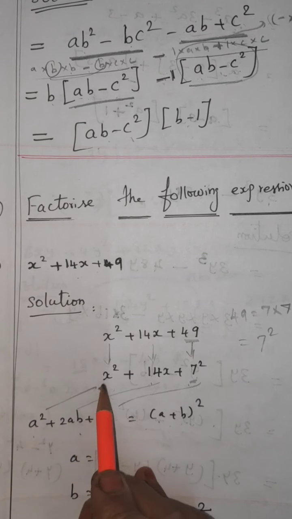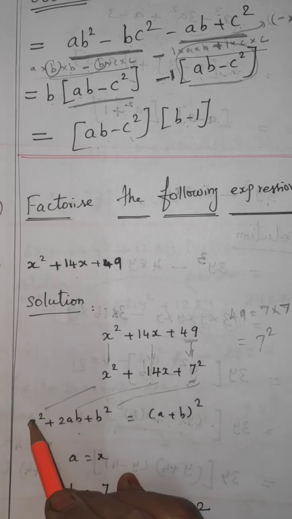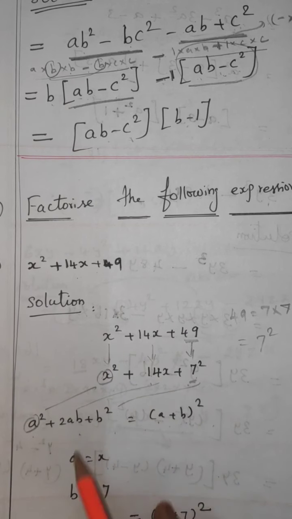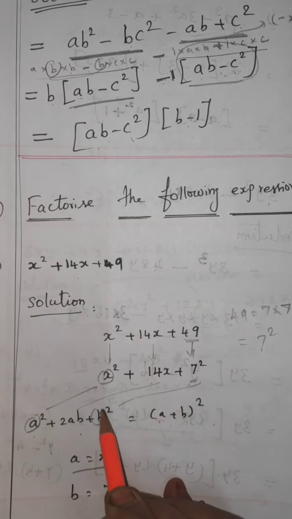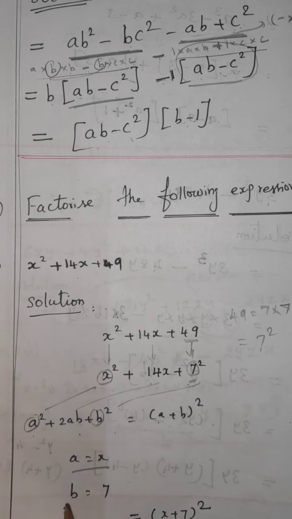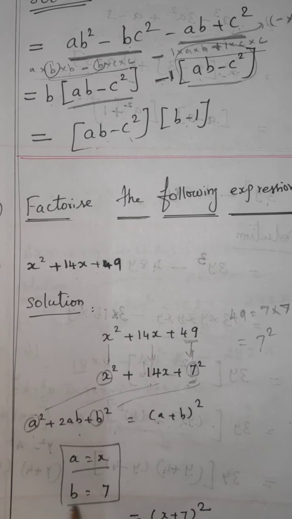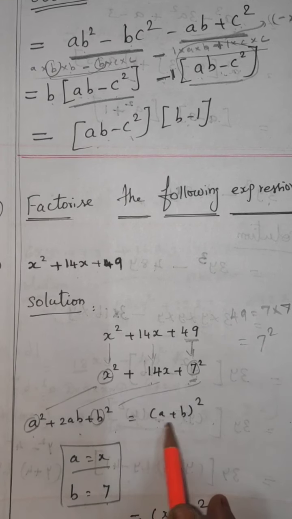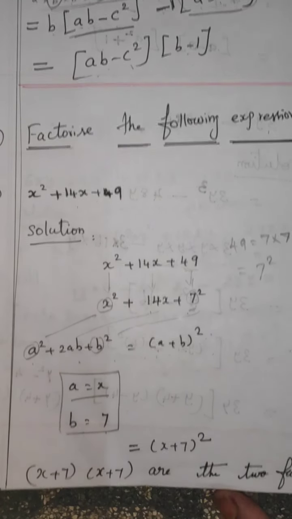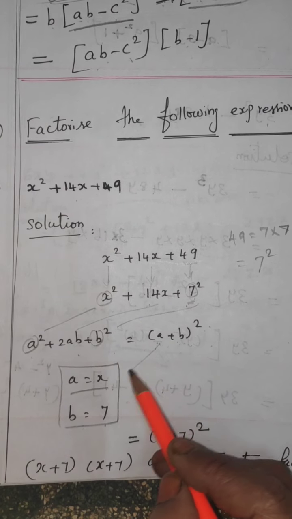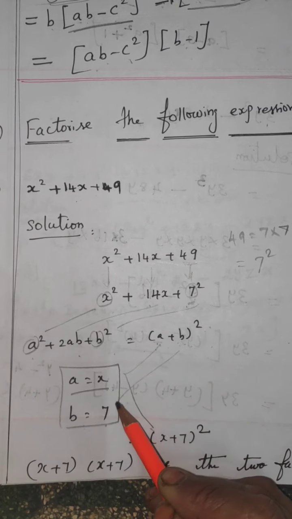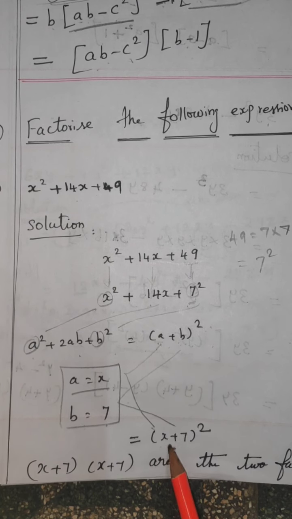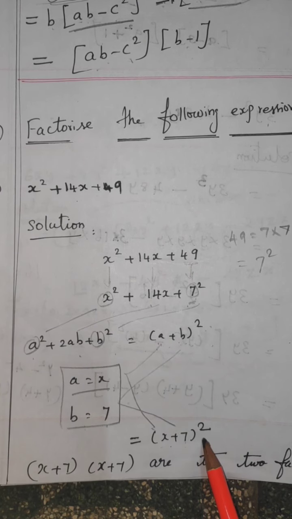Now what is a? Instead, what letter is there? X. B instead is 7. So a equals x, b equals 7. A plus b whole squared, so you write x plus 7 whole squared.